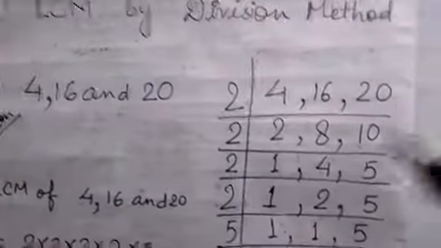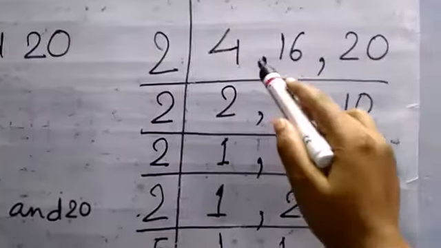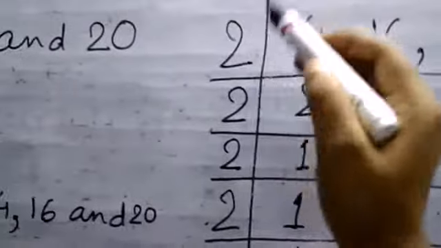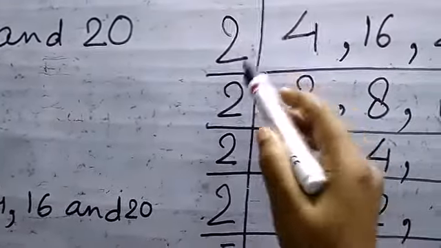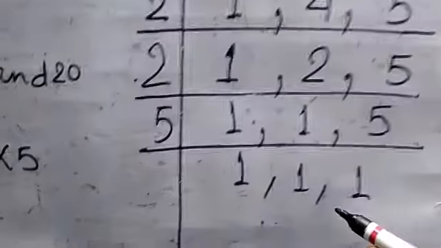So student, to find out the LCM by division method, we write all these numbers, okay, 4, 16, 20, and we start division with 2 and we divide the numbers until we get 1.